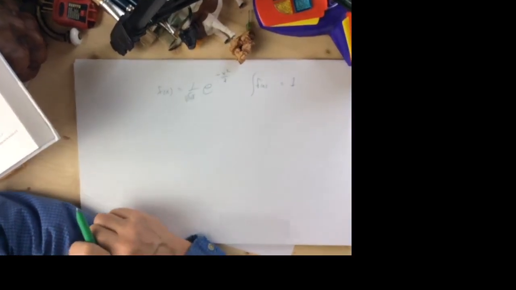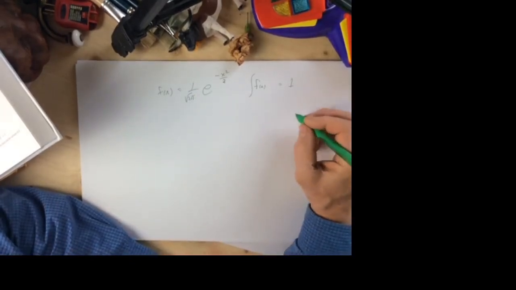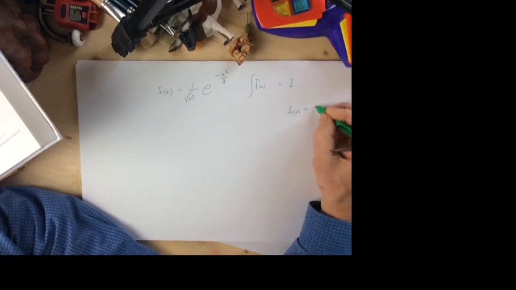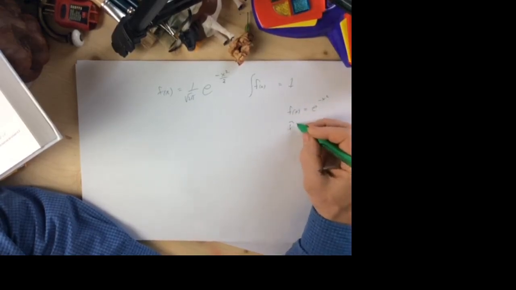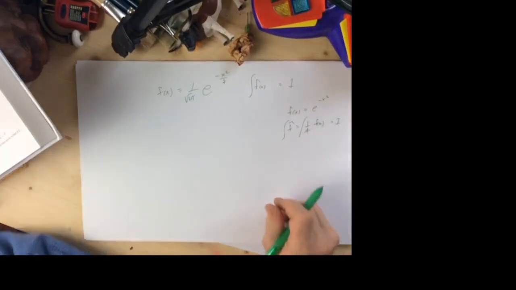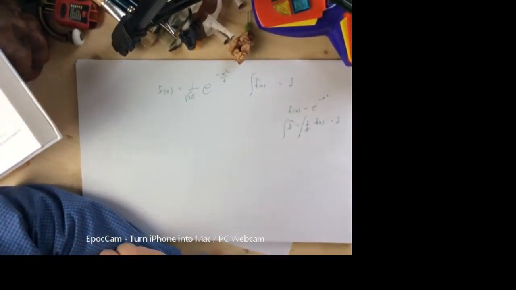That wasn't the function I wrote down in the first place. Challenge question. Go home. See if you remember your calculus enough. If I had started with f of x equals e to the minus x squared, what should my f hat be so that this integral equals 1? And you adjust it. You know how to do that, knowing this fact.